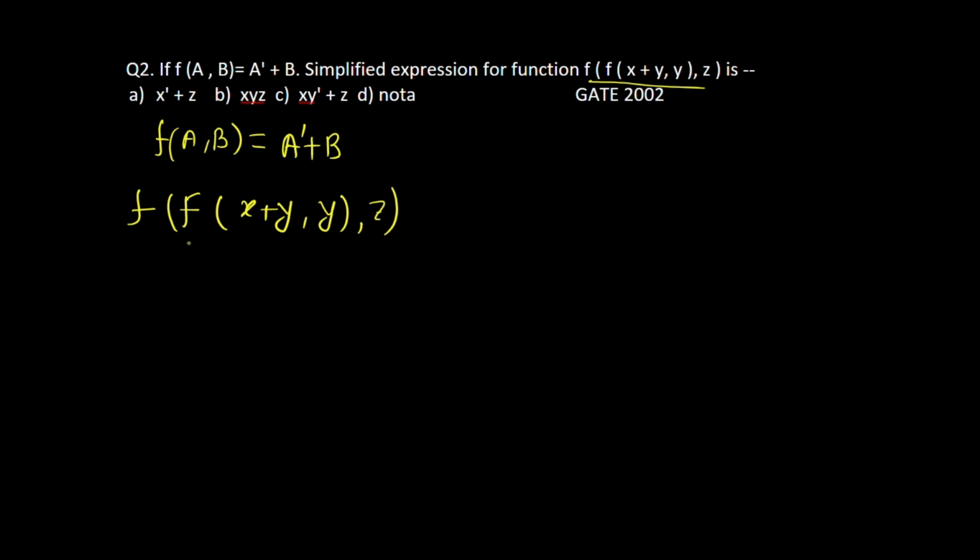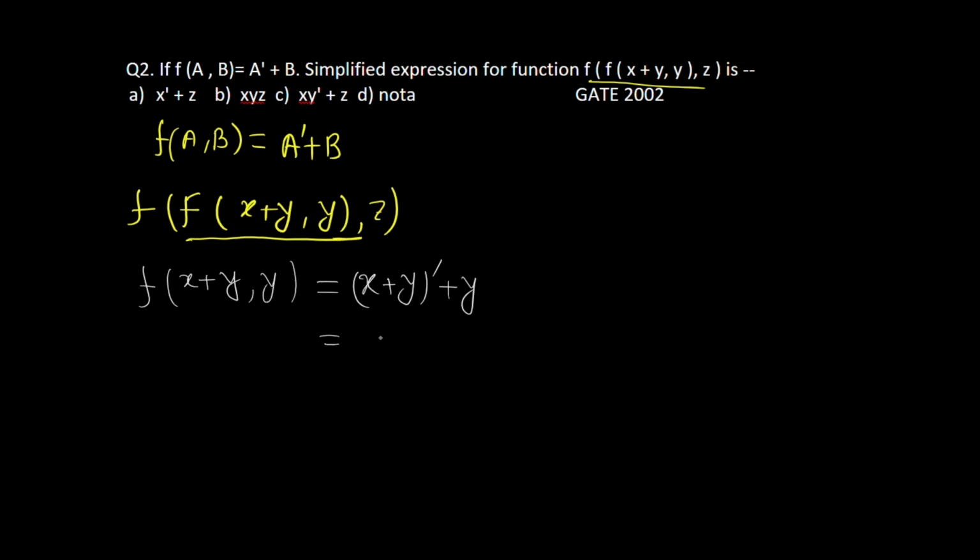Now we solve this question in two parts. Here first we solve f of x plus y comma y. It is defined as x plus y whole complement plus y.